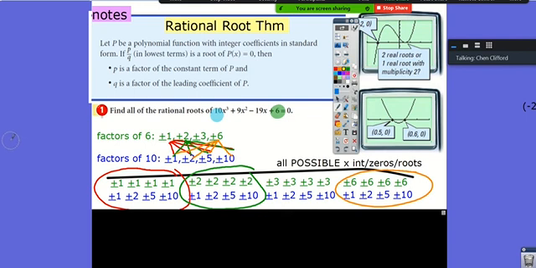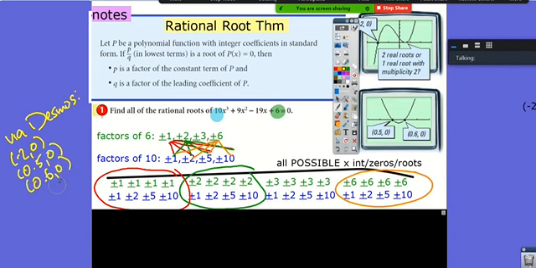Now via Desmos, there was -2, 0, 0.5, 0, and 0.6, 0. Okay.